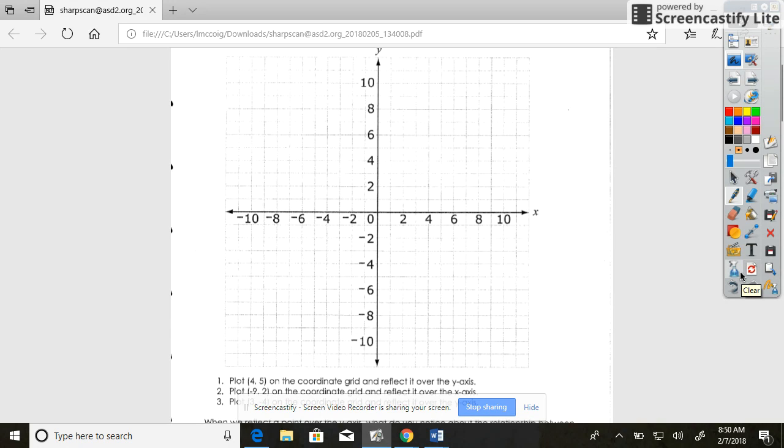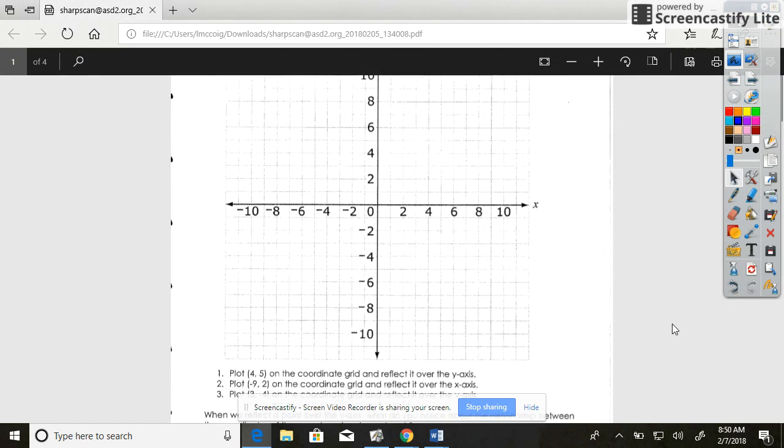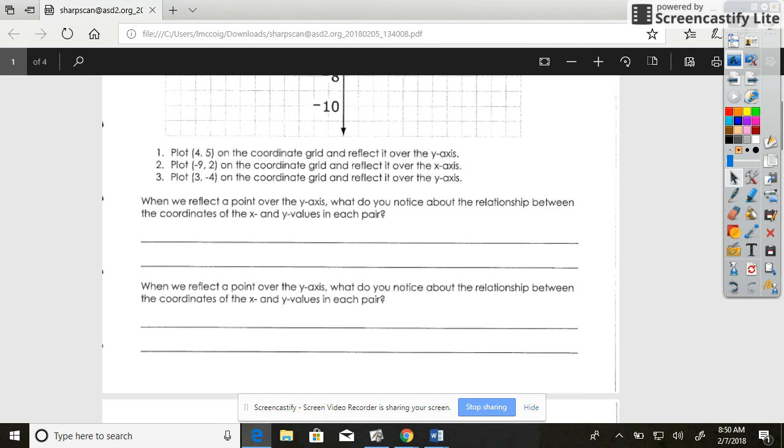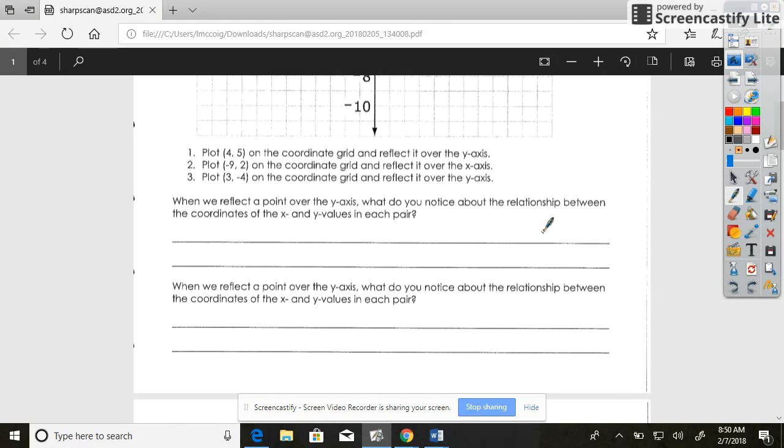All right. Number 4. Actually, this is still number 3. It says when we reflect a point over the y-axis, what do you notice about the relationship between the coordinates of the x and y values?